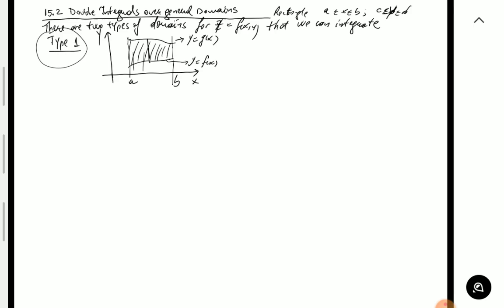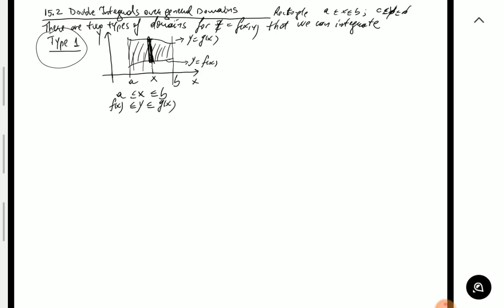If I take a typical slice in the middle, it should correspond to a variable with constant bounds. So indeed x is between a and b, and the top and the bottom bounds of the slice should be two functions of x that are the same for each slice. So if I move the slice left and right, the bounds of the other variable are given by the same functions. Lower bound is f of x, upper bound is g of x.